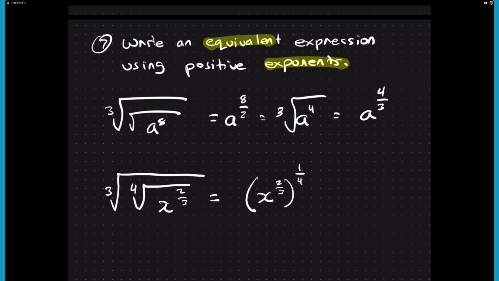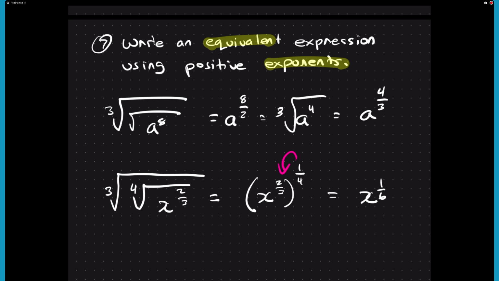So now what do I do with these two? I'm going to essentially multiply those together. So I'm going to end up with x raised to the power of 2 over 12. And I'm just going to take my eraser there and reduce this right here. 2 over 12 can reduce down to 1 over 6.